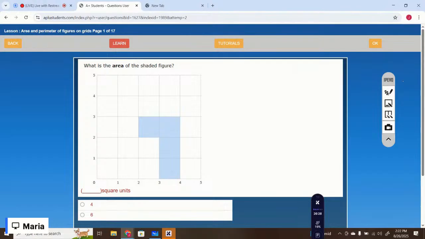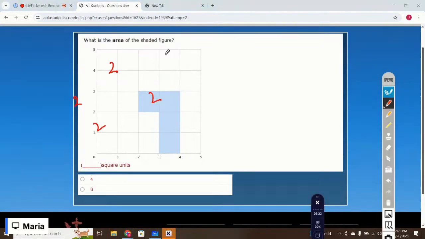What is the area? That is a complex figure, right? We can calculate the area by dividing the figure into two smaller figures. The area of this one is 2 times 1, that is 2. And this one is 2 times 1, that is 2. So we need to add the area of both the shapes. 2 plus 2 makes 4.